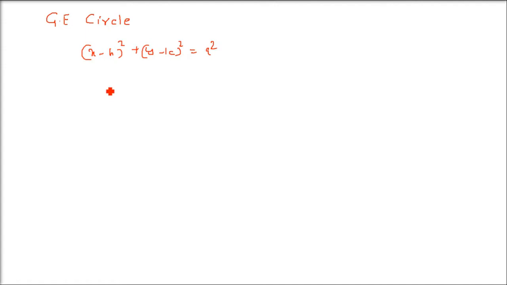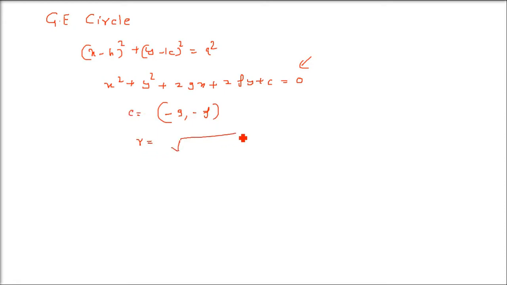Now we will try to find an equation which is x square plus y square plus 2gx plus 2fy plus c equals 0. This will always represent a circle whose center would be (minus g, minus f), and the radius will be under root g square plus f square minus c.